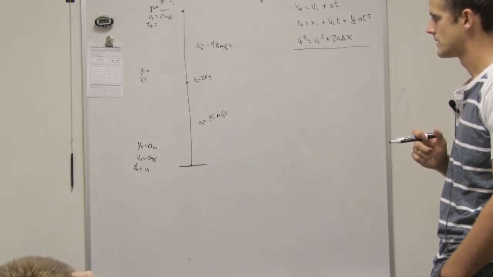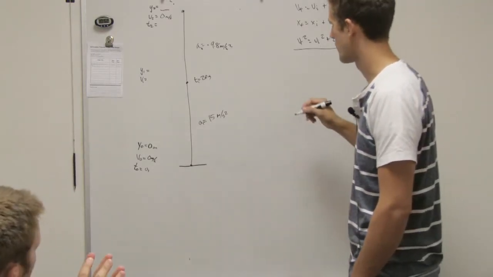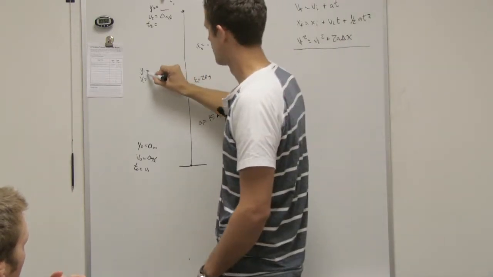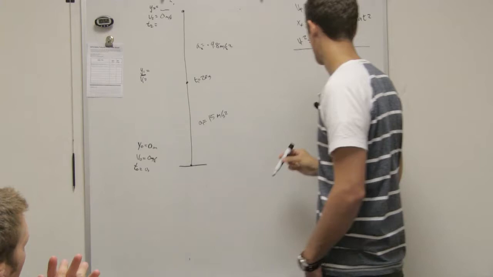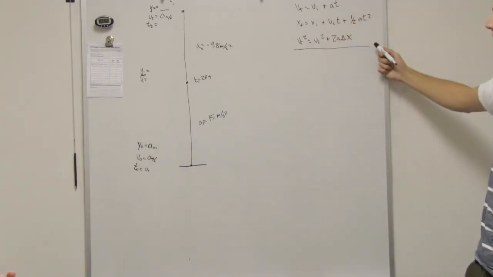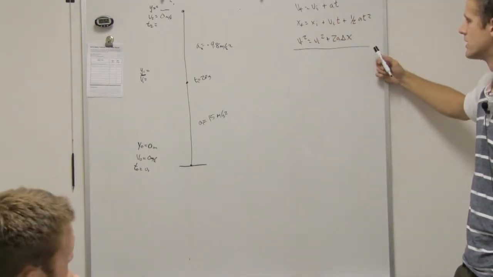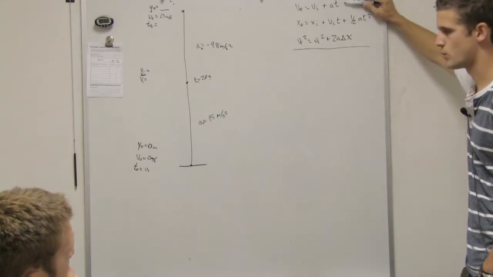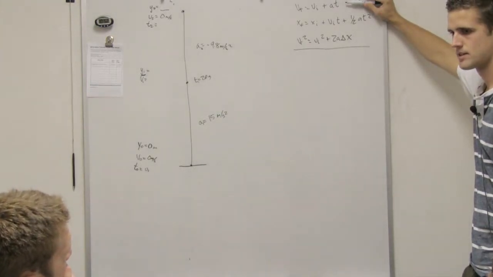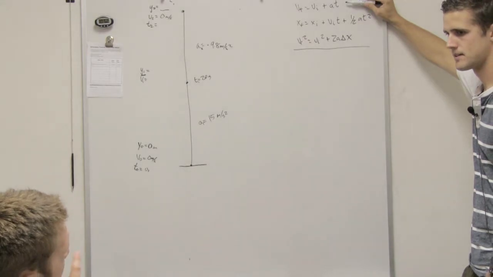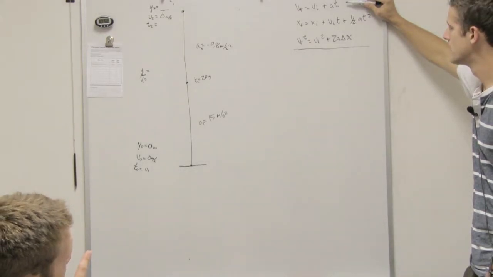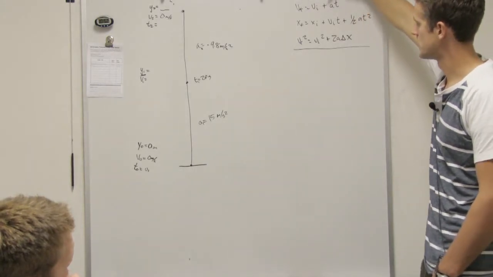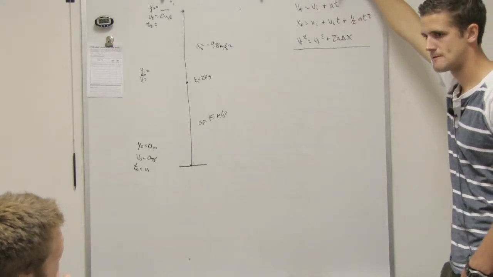y1 would be nice. Yeah, so let's see if we can solve for y1. This is what we want right here. So we want an equation that has a y in it. Could we use this one to find y1? That would be v final equals v initial plus acceleration times time.